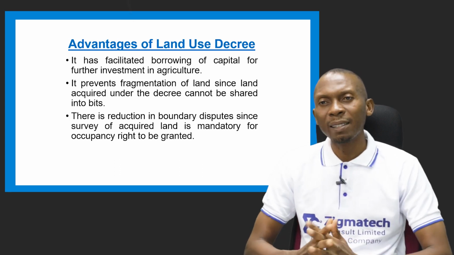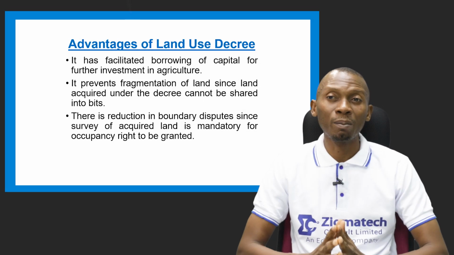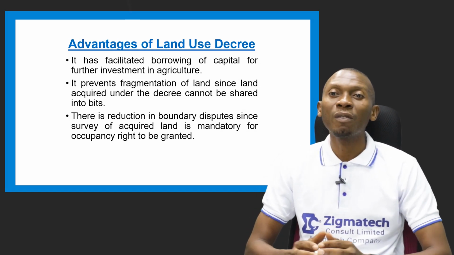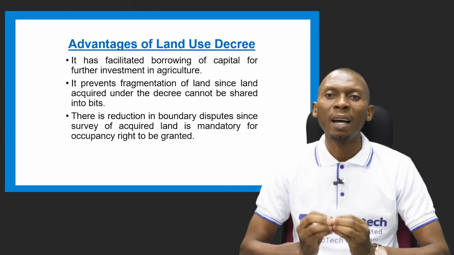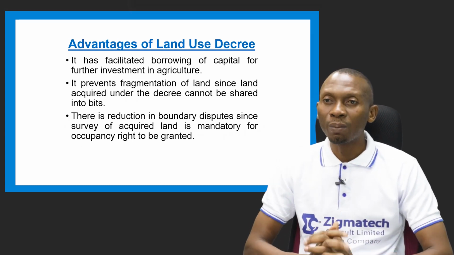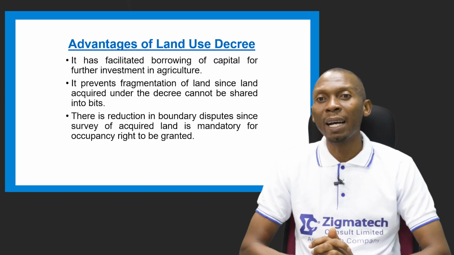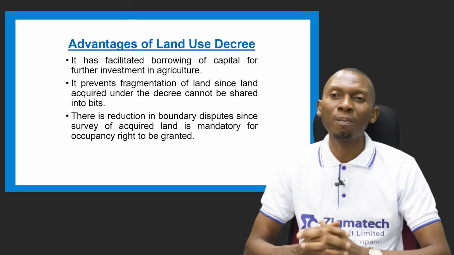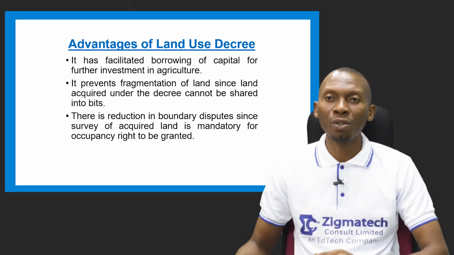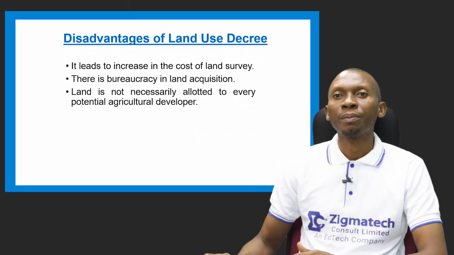So why has this problem been solved? It is because of the issue of survey. Land survey is a mandatory act as regards obtaining ownership of a land. So the land survey is mandatory for you to have occupancy rights granted to you as an individual.